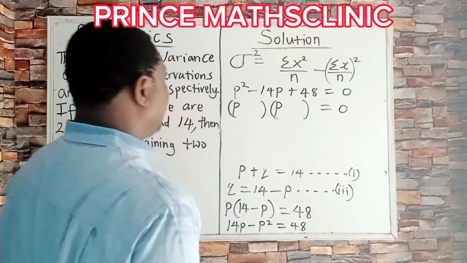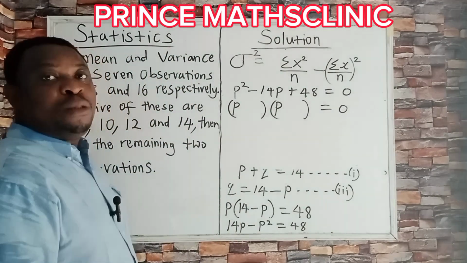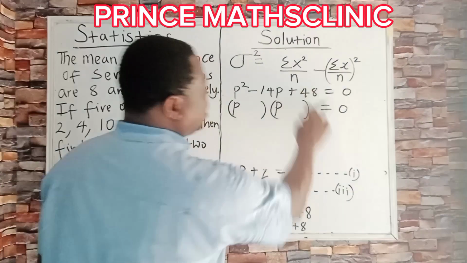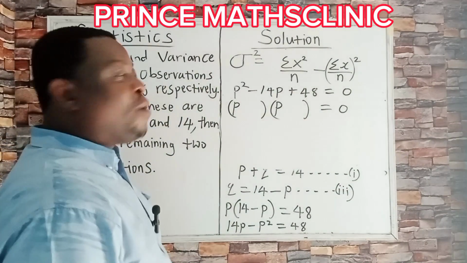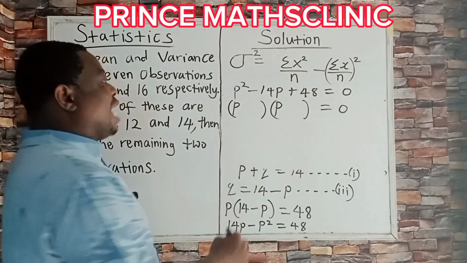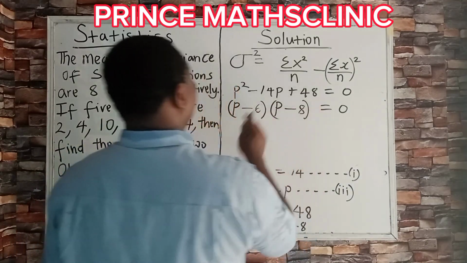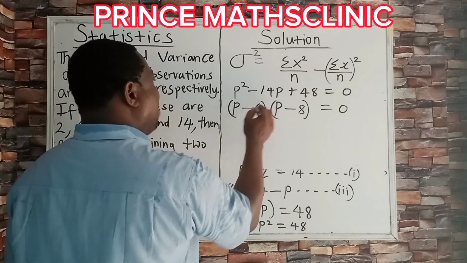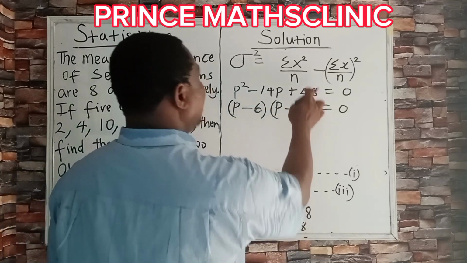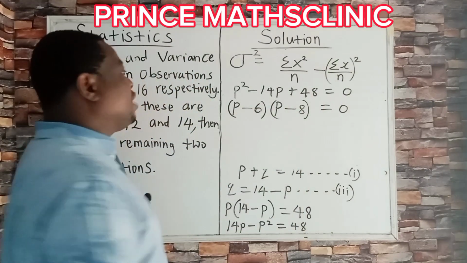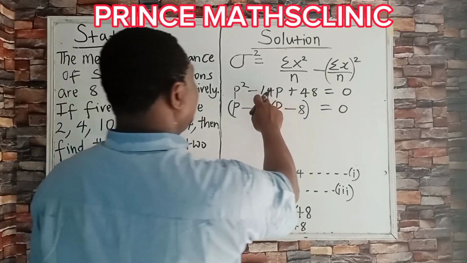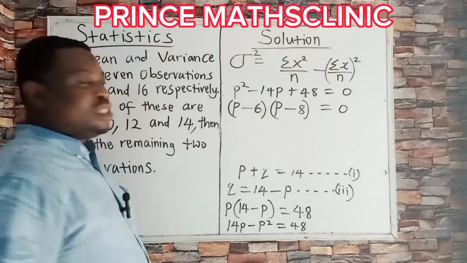That's what I'm going to do here now. So two numbers that multiply to give positive 48 and add to give minus 14 are simply minus 6 and minus 8. So if you multiply minus 6 with minus 8, you get positive 48. Then if you add minus 6 to minus 8, you get negative 14.